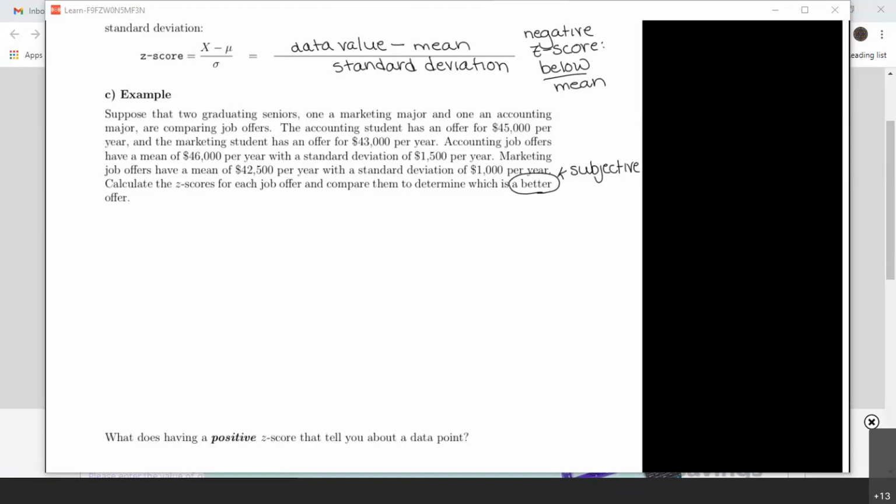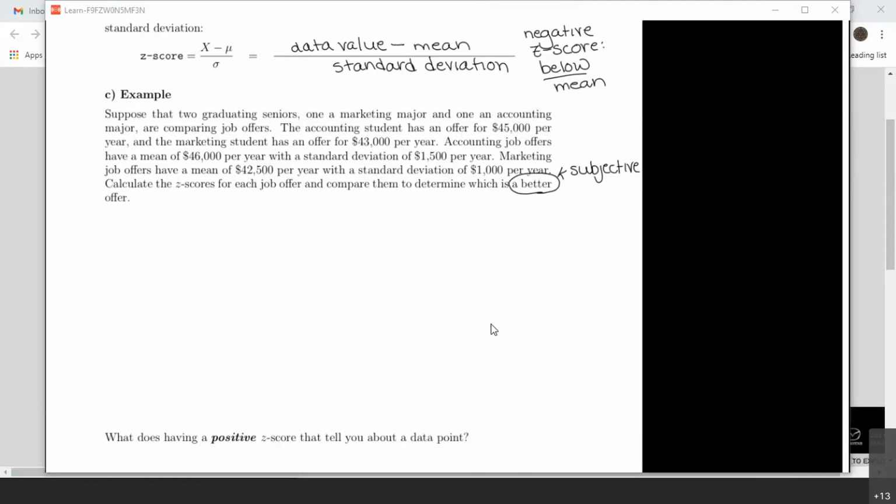So what I'm showing you here is that yes, the accounting major is making more in absolute dollars, but let's take a look at the populations of salaries these two offers are coming from. First, in the accounting jobs, you can see our student is making less than the mean offer. Our marketing student, on the other hand, at 43 is making more than the mean.